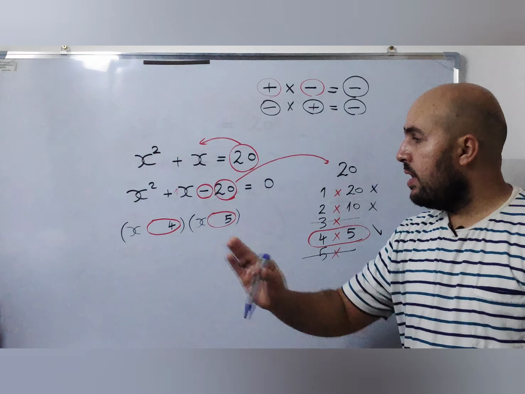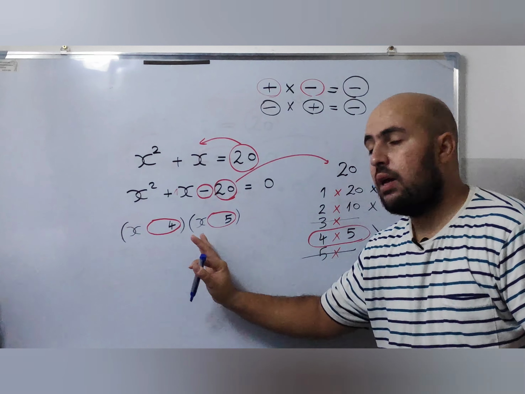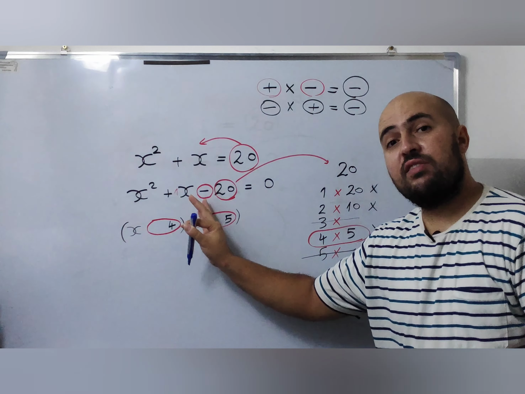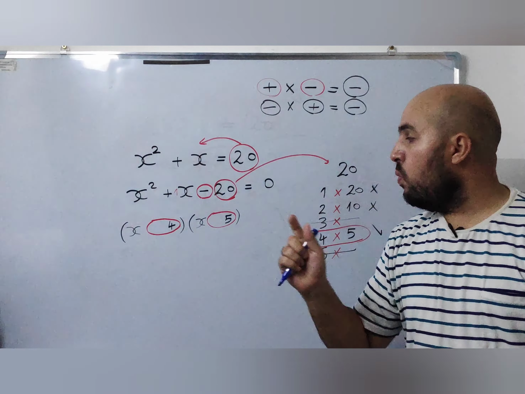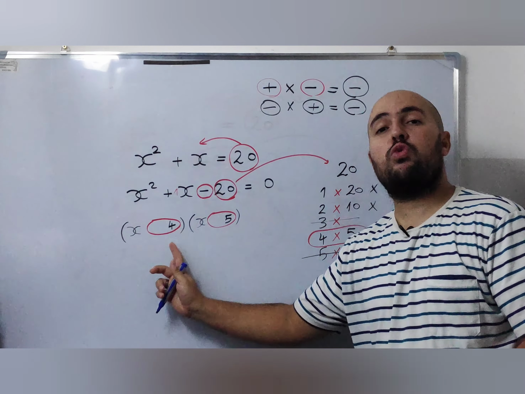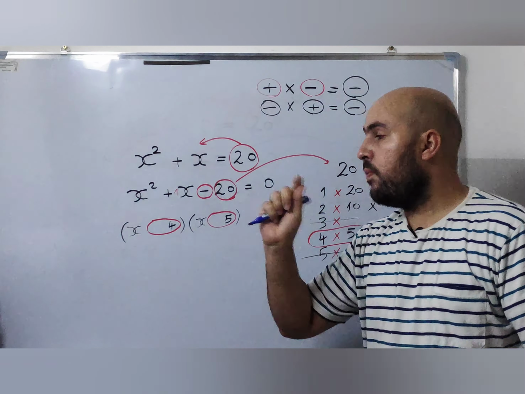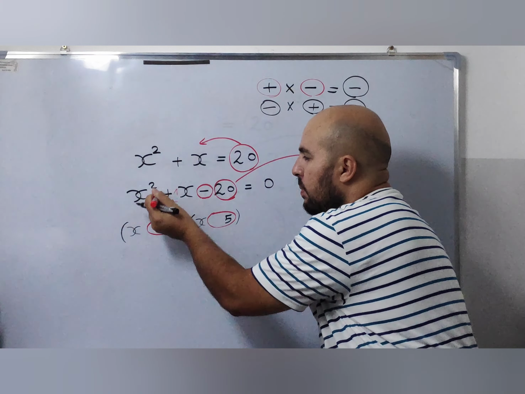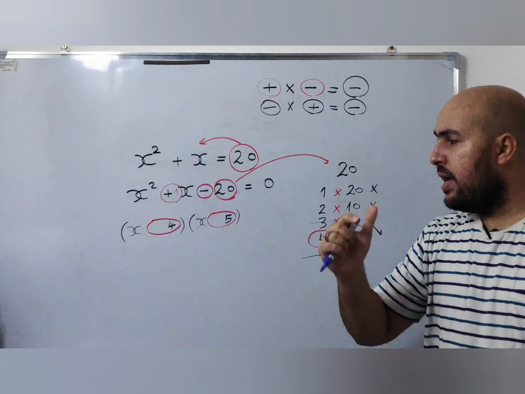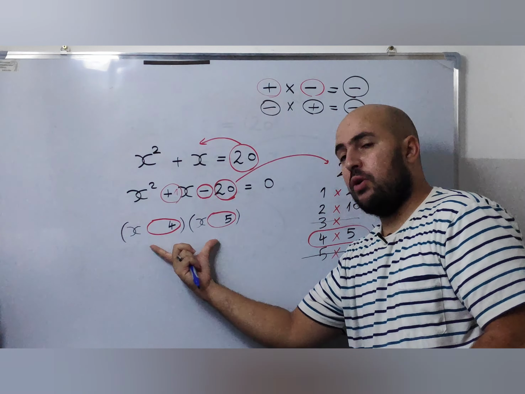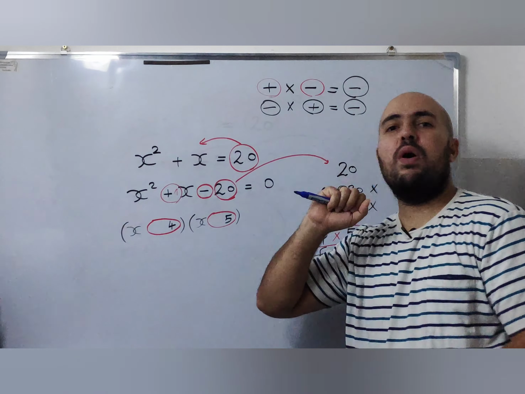It means that we have different signs here because the answer is negative. But to know which one is positive and which one is negative, we take a look at this number here. It's positive 1. So what does that mean? It means when you add them up together, you'll have a positive 1.